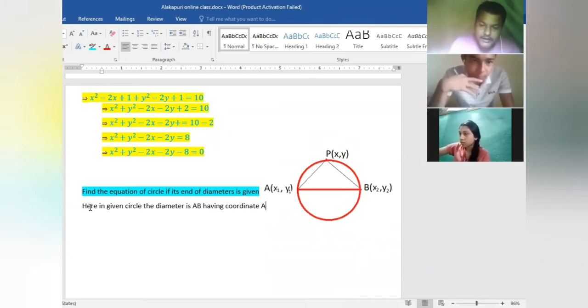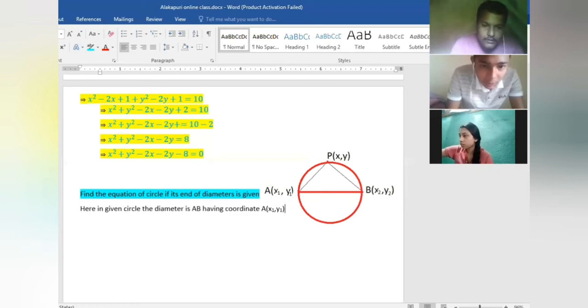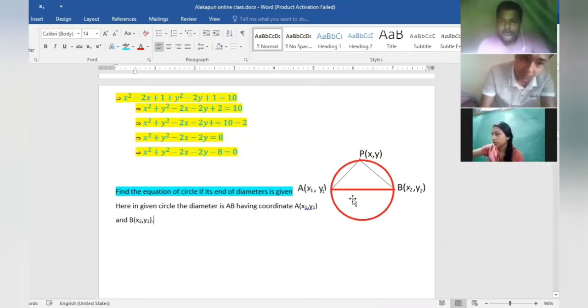This is A as (x1, y1), and B as (x2, y2). Now, what do we have to prove?